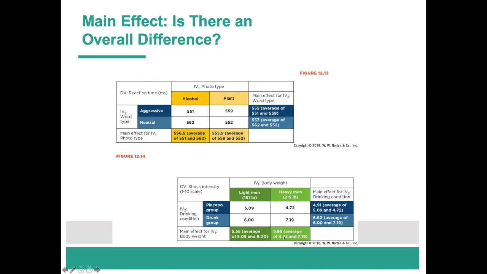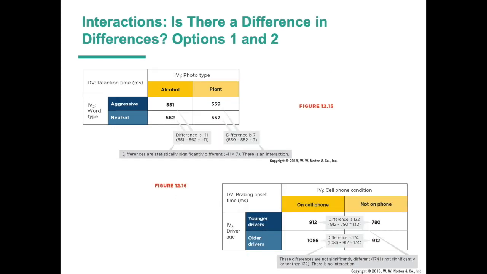The main effect for weight, on the other hand, is 5.5. That's the average of these two, and 5.96, which is the average of these two. And that's the difference of these, not as big. So those are main effects.